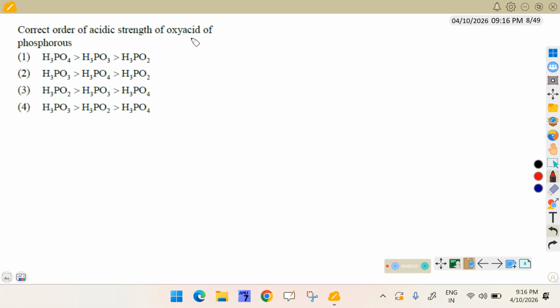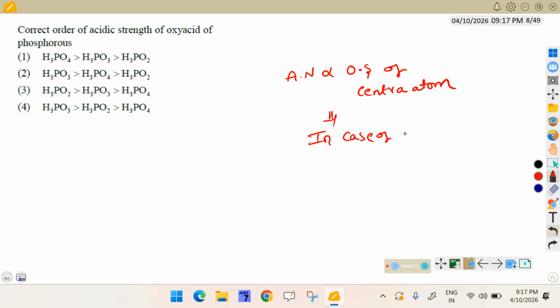Correct order of acidic strength of oxyacids of phosphorus. Generally, acidic nature is directly proportional to the oxidation state of the central atom. But in case of oxoacids of phosphorus, the acidic nature is inversely proportional to basicity.